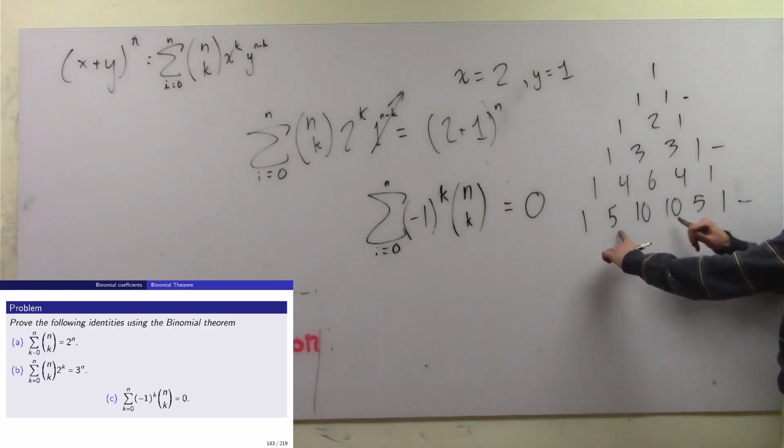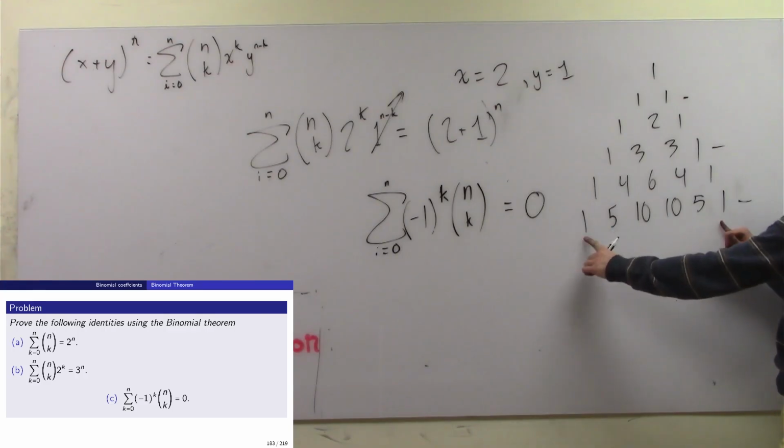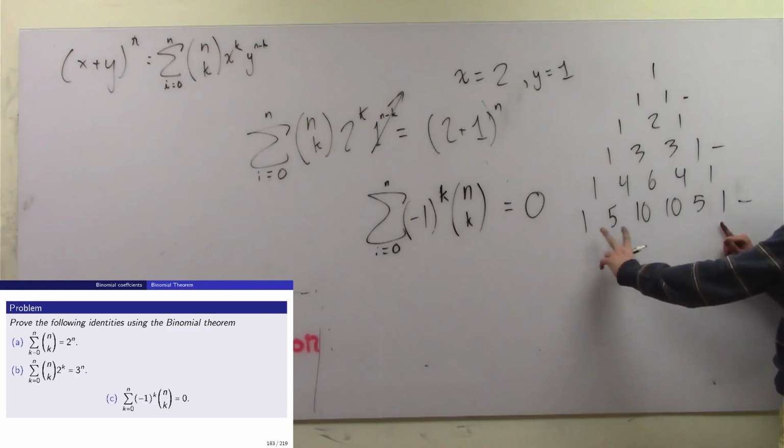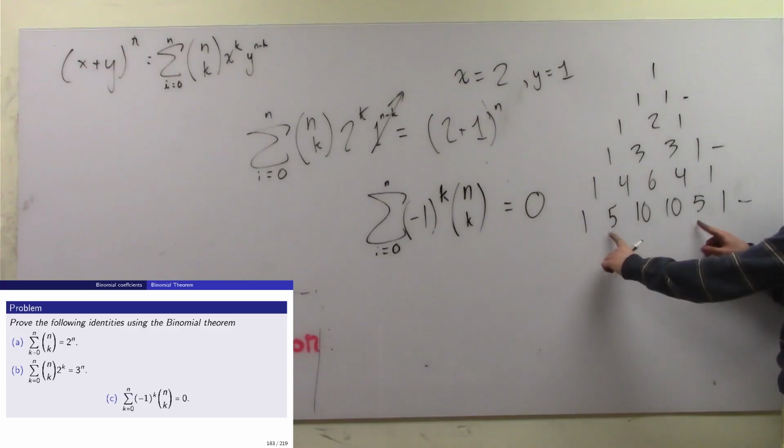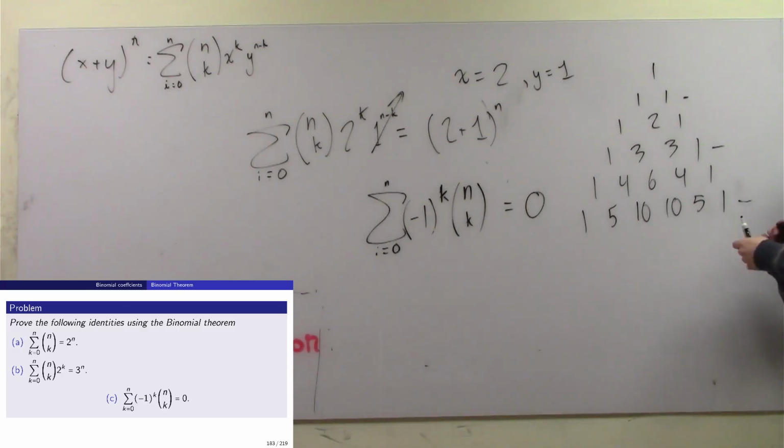We have something to match each element. So if we just alternate the sign of each of them, this will subtract this, and this will subtract this, and we'll end up at 0.